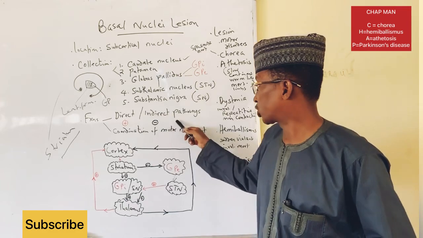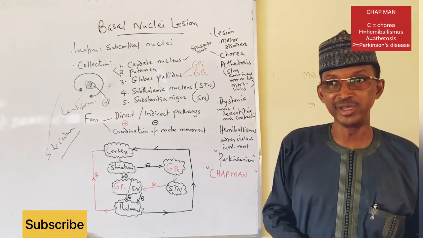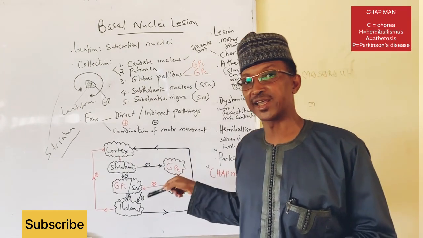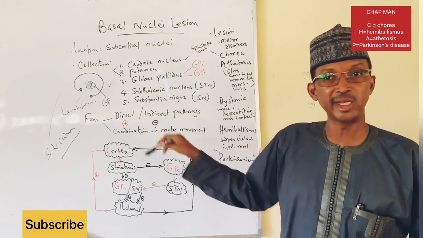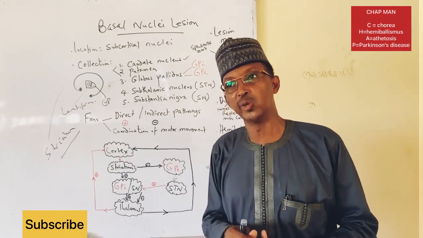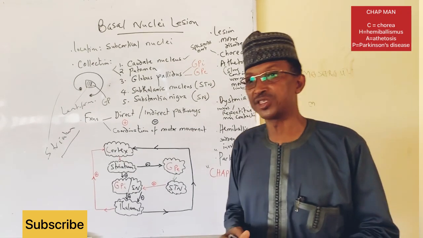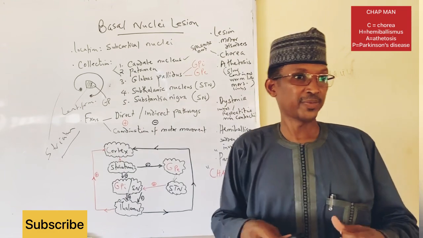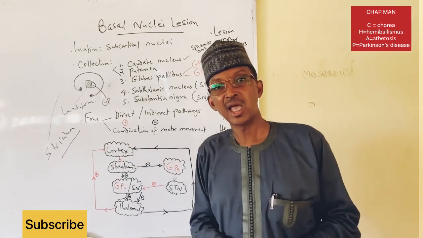The indirect pathway is responsible for stopping unwanted movement in our body. Since the substantia nigra, which modulates these two pathways in the basal nuclei, is affected, there is definitely going to be difficulty in stopping any unwanted movement that the person initiates, if at all that person initiates a motor movement.